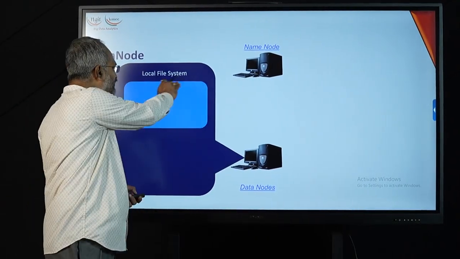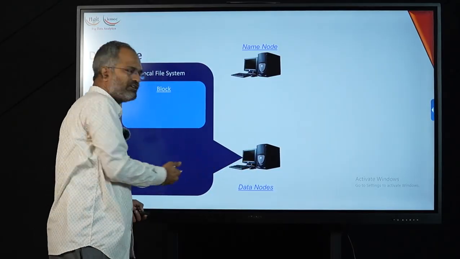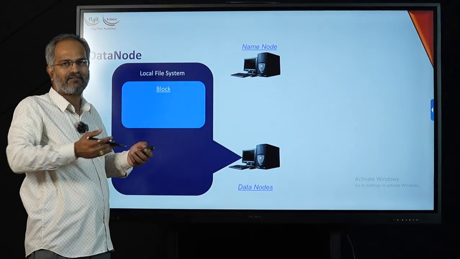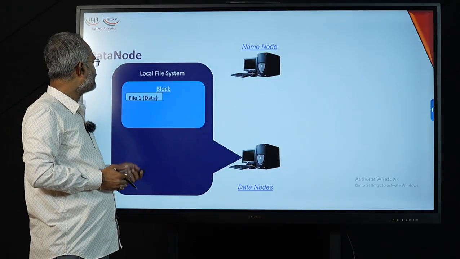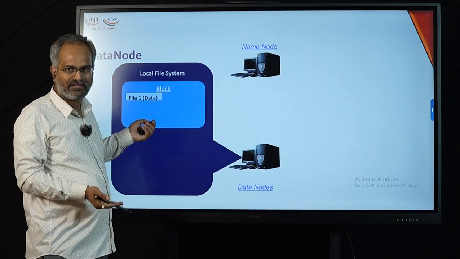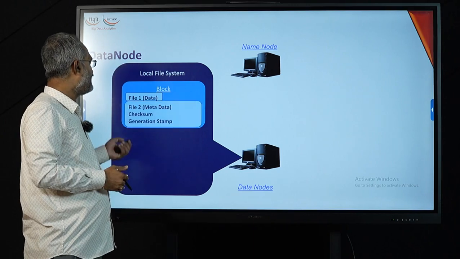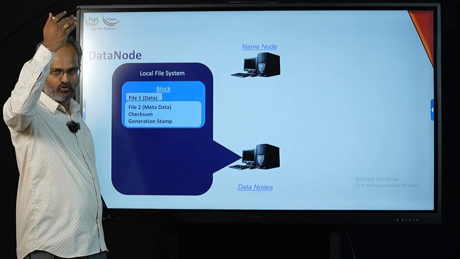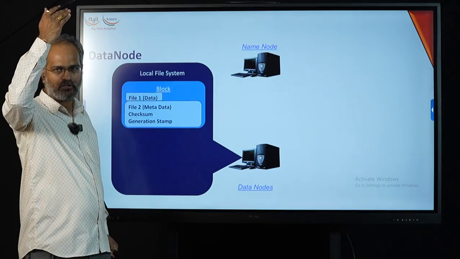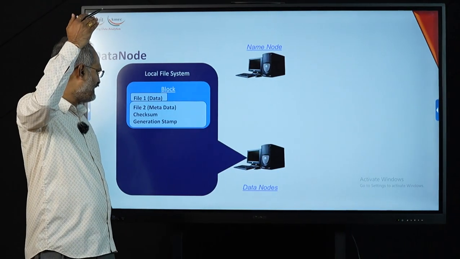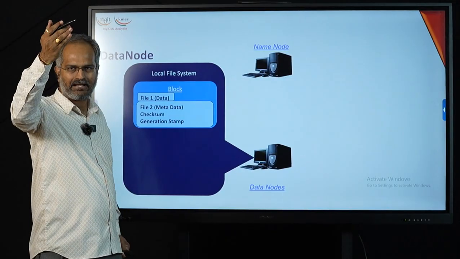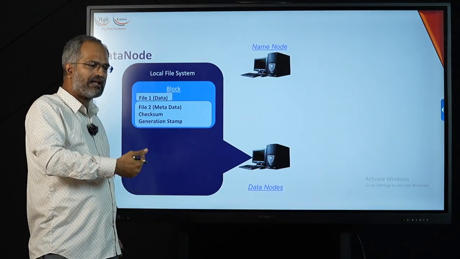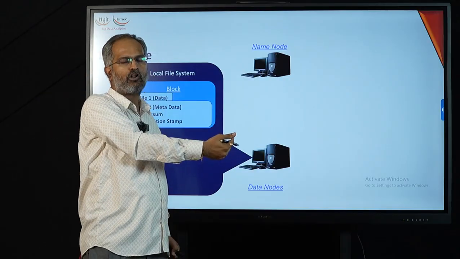The blocks will be stored in the secondary memory of the data node. Now what is the structure of the block? The block consists of file 1, which is the actual data, and a second file, which has the metadata like the checksum. You may remember that in computer networks, in the data link layer, there is a checksum calculation to verify whether the given data is transferred successfully or not.